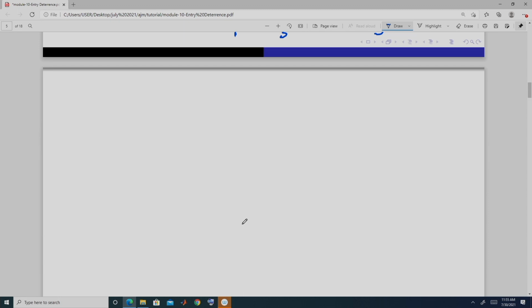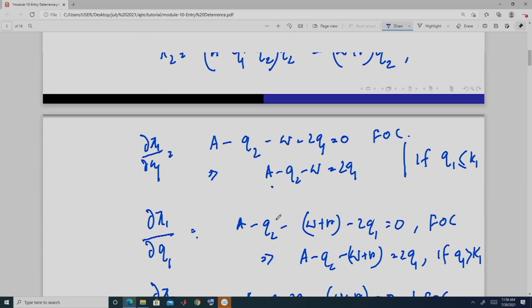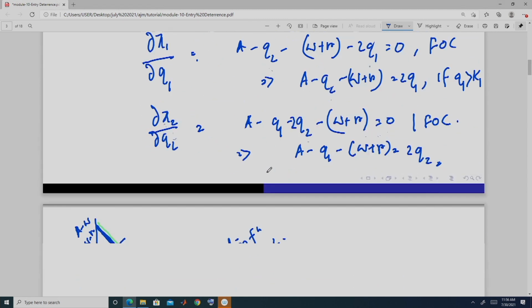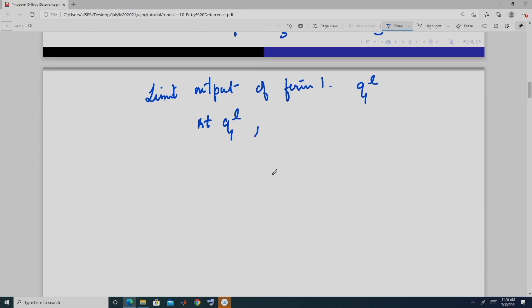Now, we will find the limit output of firm 1. The limit output of firm 1 is Q1L, suppose. So, at Q1L, okay, I have made a mistake here. While specifying the profit function of firm 2 here, I have to specify the entry cost F also. But this is a fixed cost, so it is not going to appear in the reaction function of firm 2. Okay.